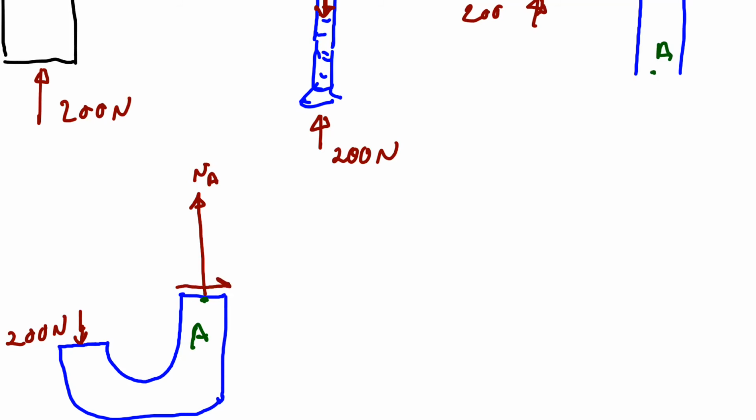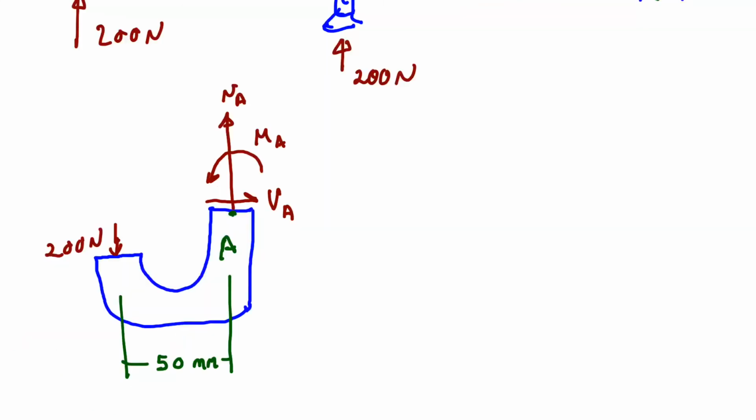In an object like this, there is no right direction or wrong direction. That's V sub A. Shear is always a V letter, and then I'm going to put a positive moment. M sub A is our bending moment. Okay, last I just added in the dimensions for our free body diagram, and now we can use our equations of equilibrium to start solving for this particular free body diagram.